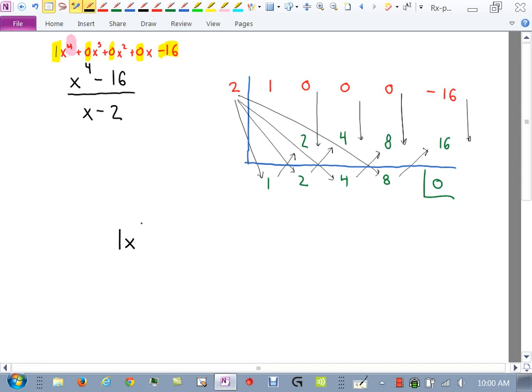I don't have to have the 1, but I'll put it. The next number I have is a positive 2, right? So I put plus 2x squared, then plus 4x, so the powers keep coming down, plus 8, and then I have a remainder of 0, right? Which means I don't have to put anything. So I'm done.